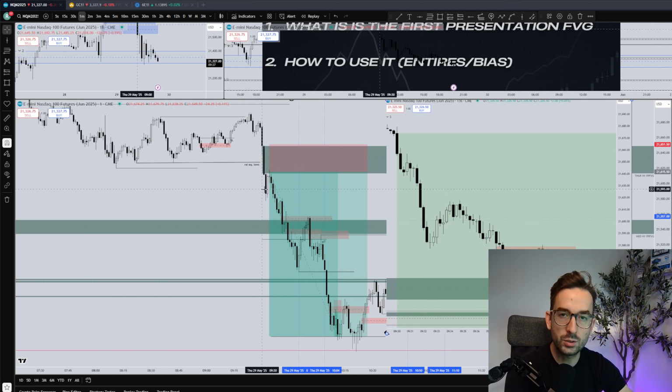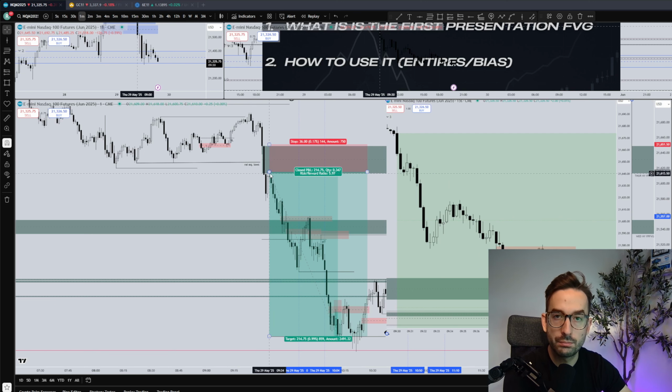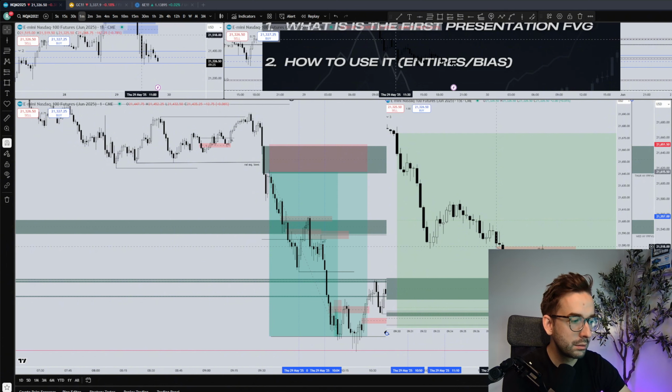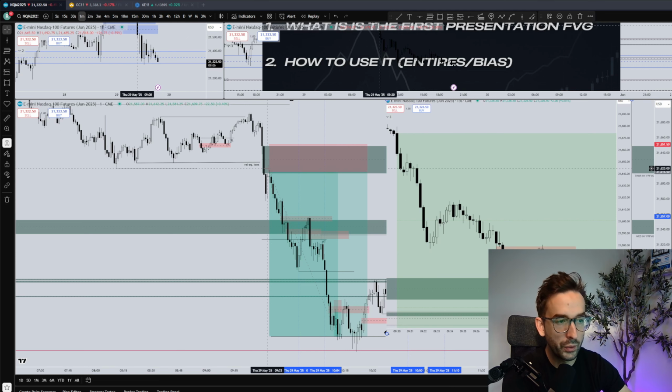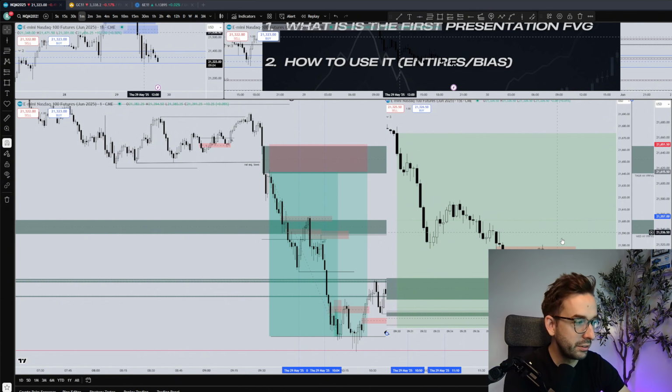So in this case, we're watching price, it creates the fair value gap, it drops below it, rejects it, and then, oops, we missed the entry. And what we're actually looking for here is the first 15-second fair value gap after this rejection, which forms on the 9:38 candle. And your entry would be when price digs into it. And essentially you'd place your entry here and maybe a stop above these highs, which is this wick right here, of the first presentation fair value gap.